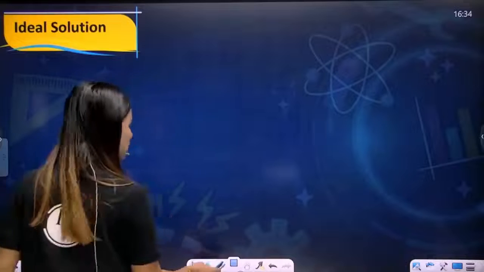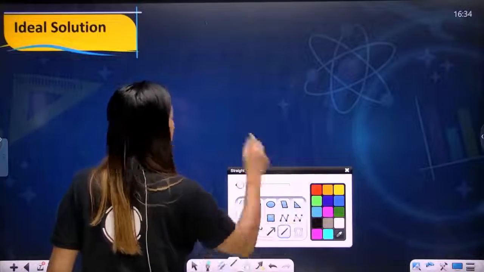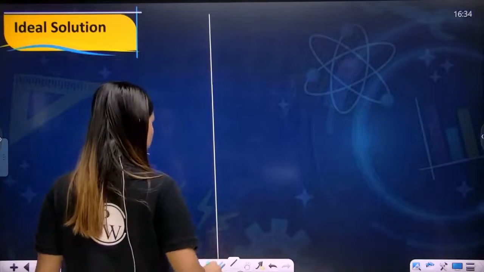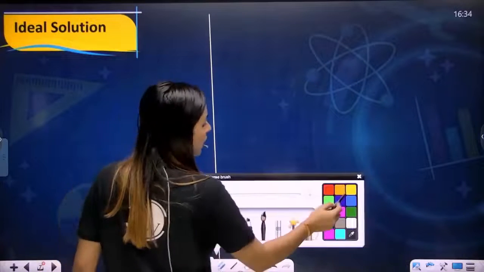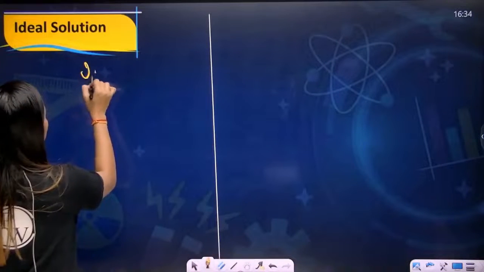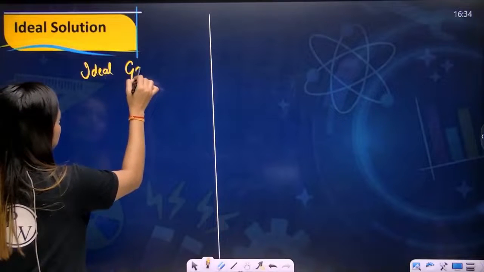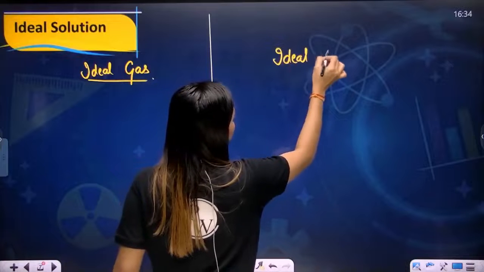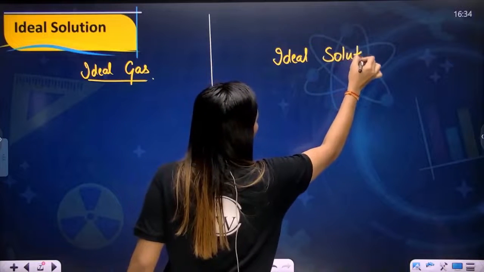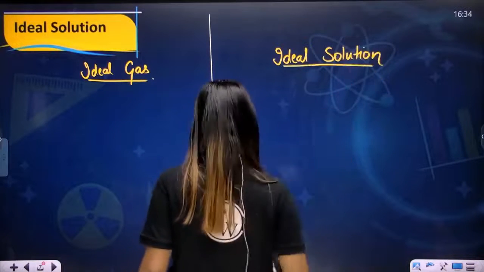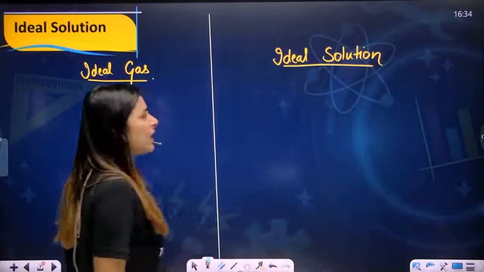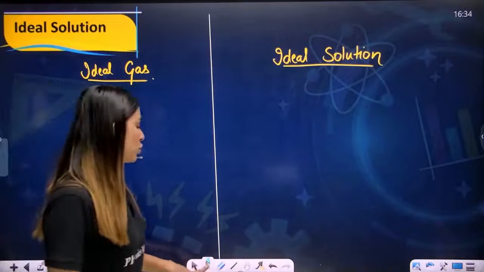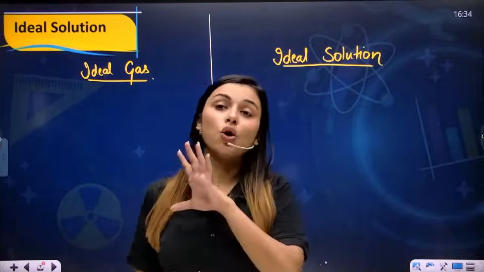Okay, so for that we need to, now, when I talk about ideal gas, what we used to say, and here I'll write ideal solution. So, now my dear students, what was an ideal gas? An ideal gas was a gas which used to follow the PV equals nRT equation at all temperatures and pressures.